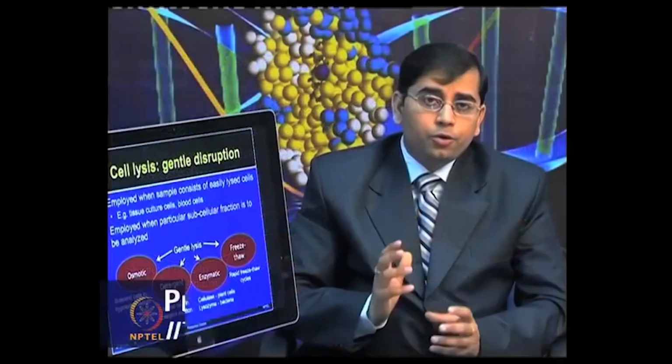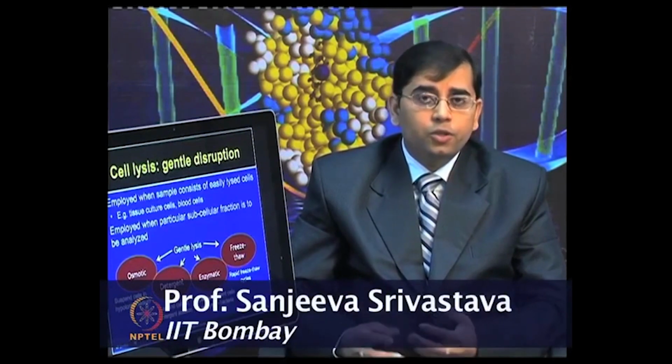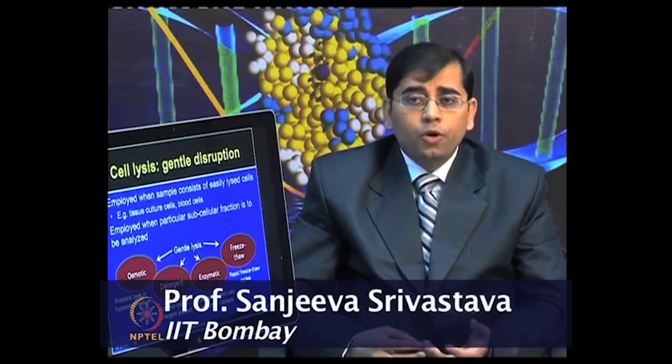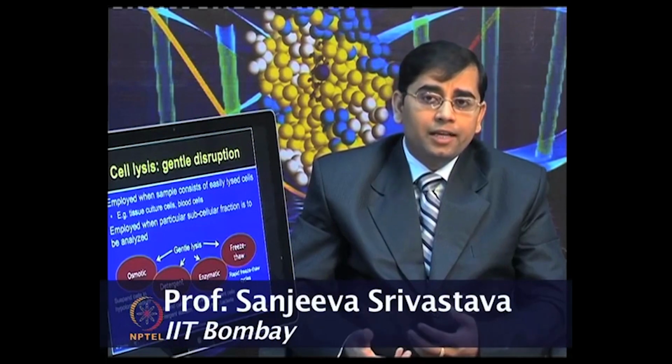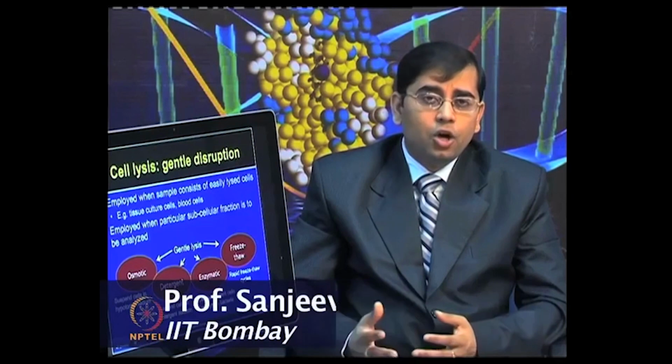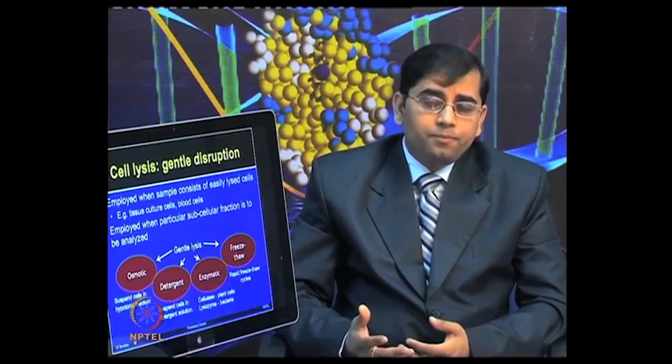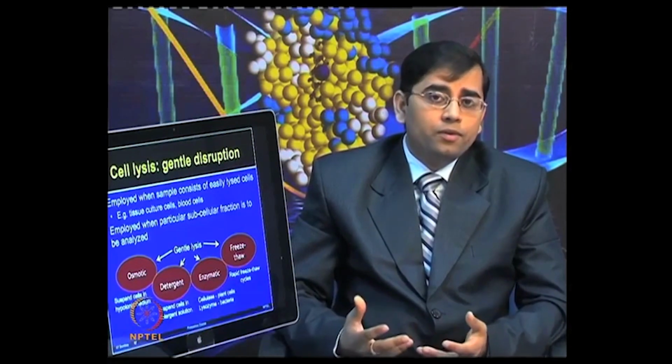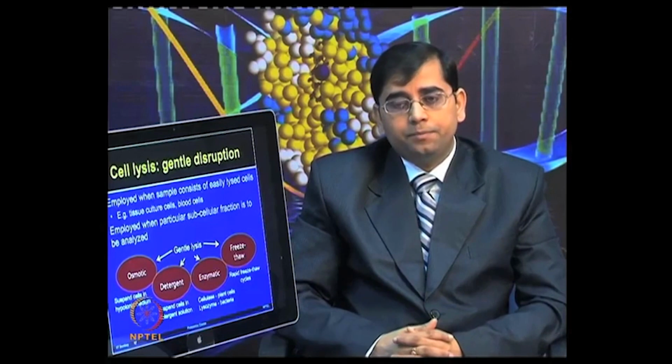So, your gentle disruption should be efficient enough to disrupt the cell. If you are looking at those cell types which can be easily lysed, such as blood cells or culture cells, then you can use the gentle disruption methods.